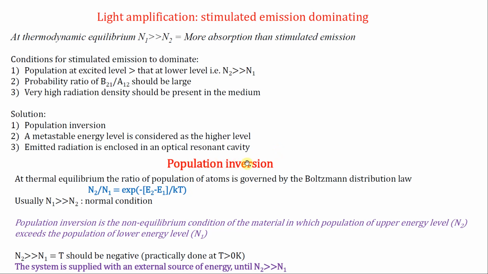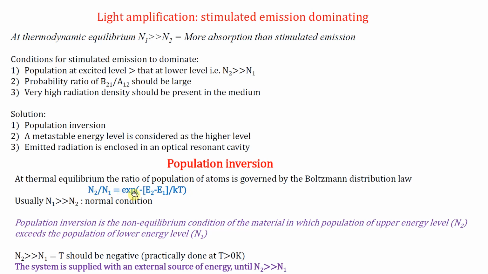First, let's consider population inversion. At thermal equilibrium, we already said that the number of atoms at low energy level N1 is much greater than N2. The ratio of atoms at high energy level to low energy level is given by a statistical distribution called the Boltzmann distribution law.